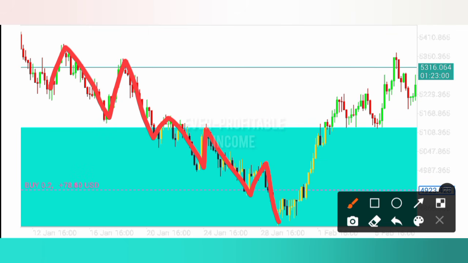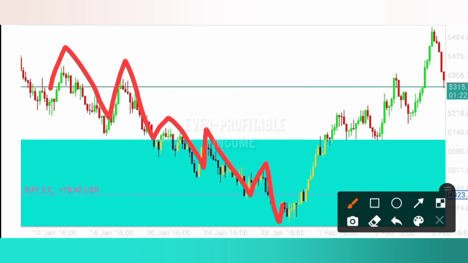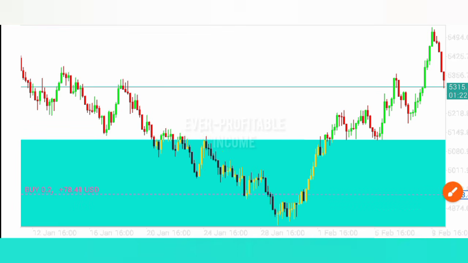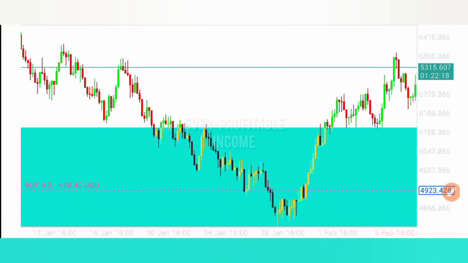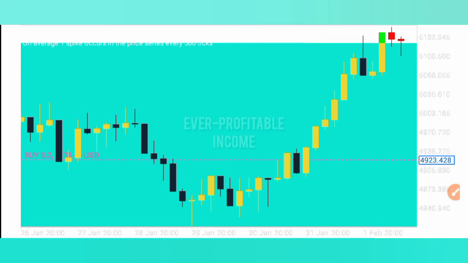And once you see this, this is a signal that you should get ready to get an entry. So it made a new high right here, but it no longer made a new lower low. Let me zoom in a bit so you see that clearly.